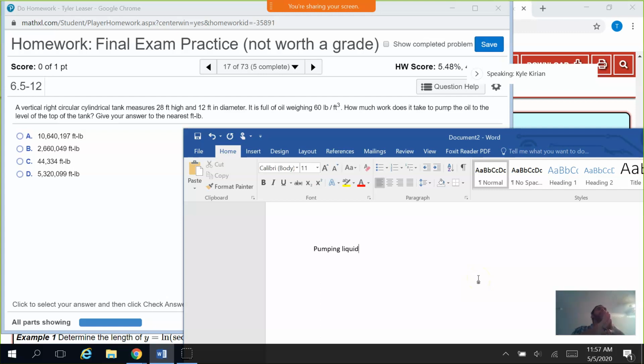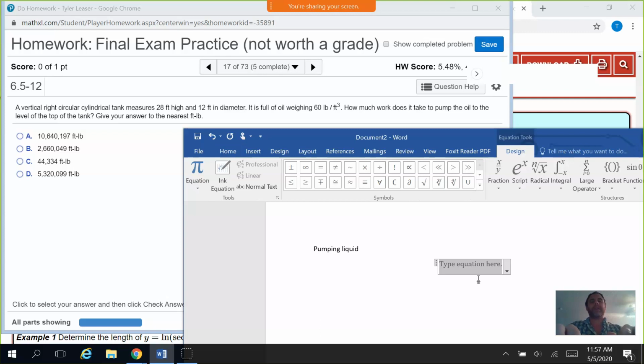Whenever you're doing this, there was not a formula that I gave you for this. Instead, I just gave you a process. The process goes like this. The first thing you want to find is the differential of the volume. If you have a tank of liquid, you're going to slice that into a bunch of horizontal slices.